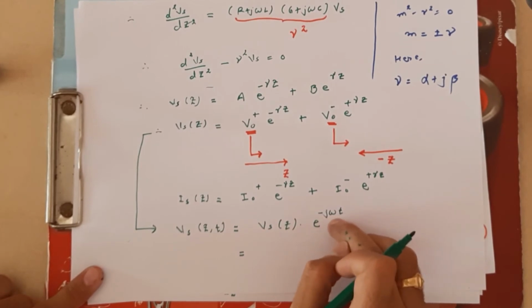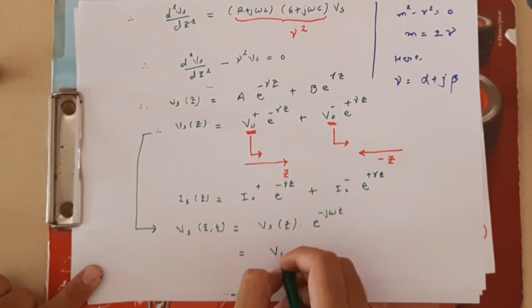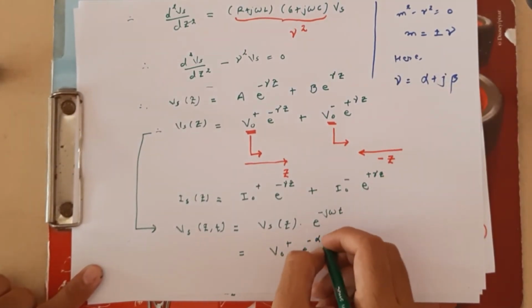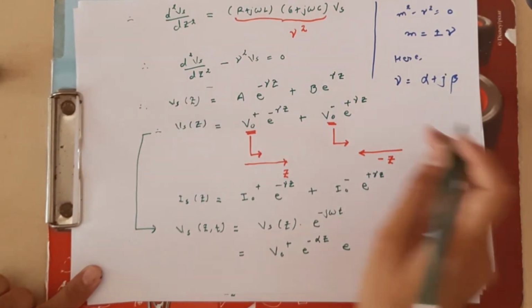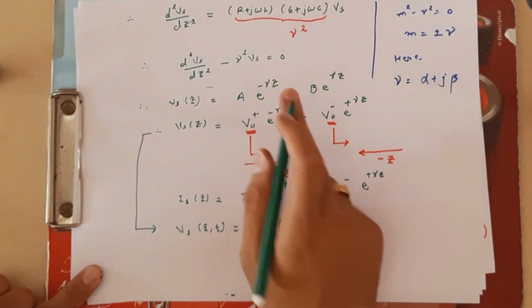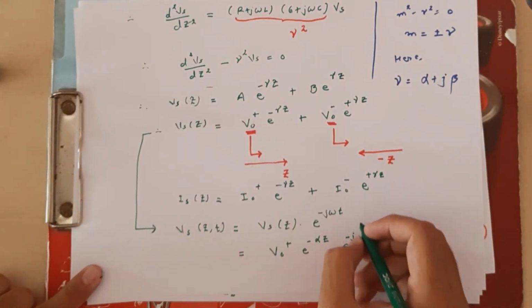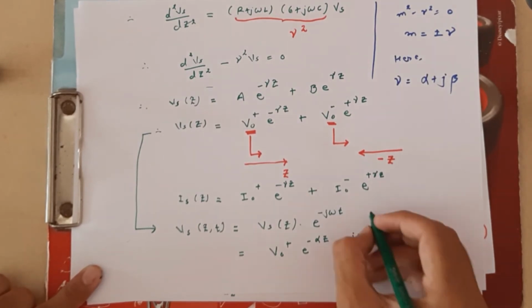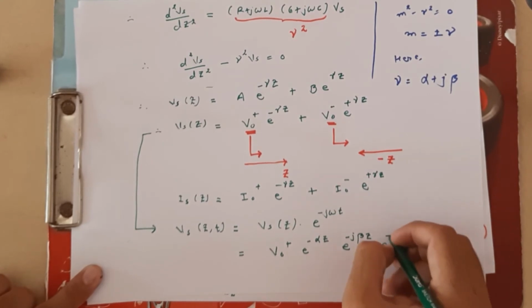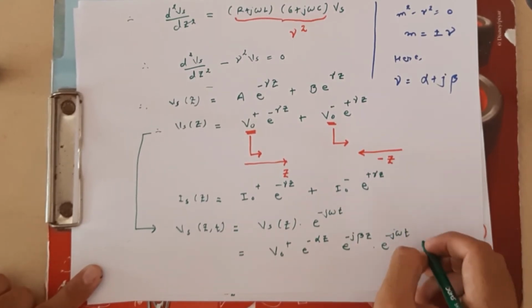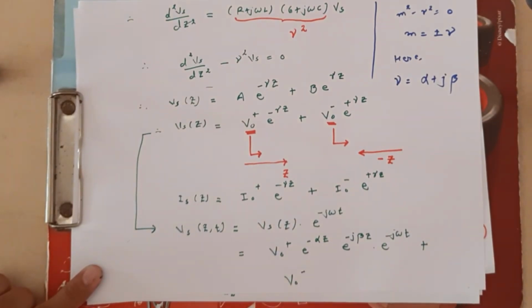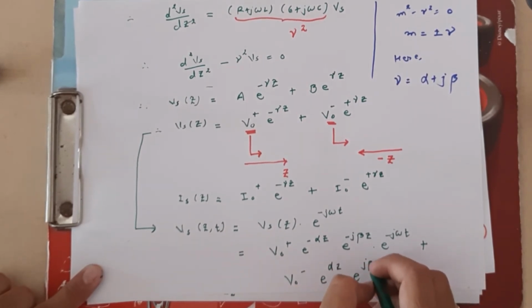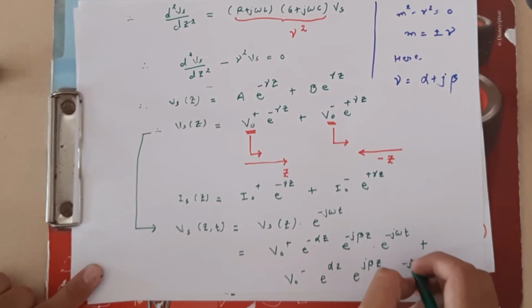The beta term is merged with the imaginary term, so you can write it this way: V0 plus e raised to gamma, meaning alpha plus j beta, so e raised to minus alpha z, e raised to minus j beta z, into e raised to minus j omega t, plus V0 minus e raised to plus alpha z, e raised to plus j beta z, e raised to minus j omega t.